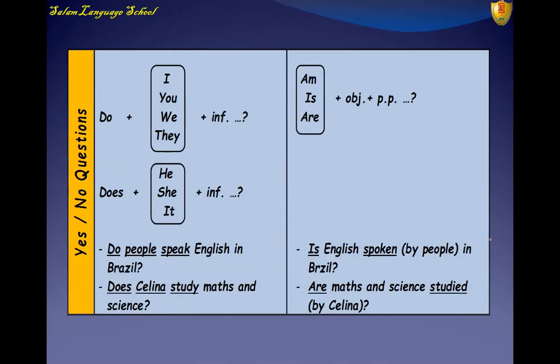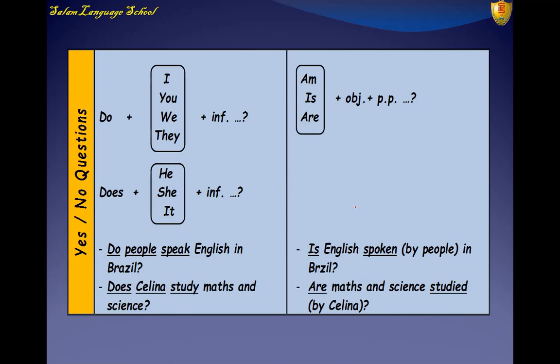The next table is about yes/no questions. In the active voice, we can ask the question like this form using do or does. For example, do people speak English in Brazil? Or does Selena study math and science?